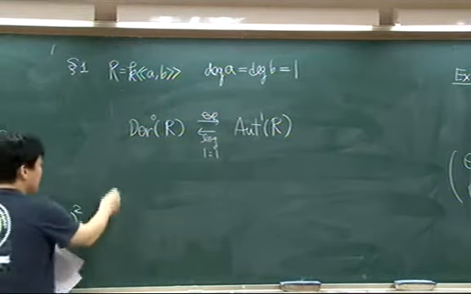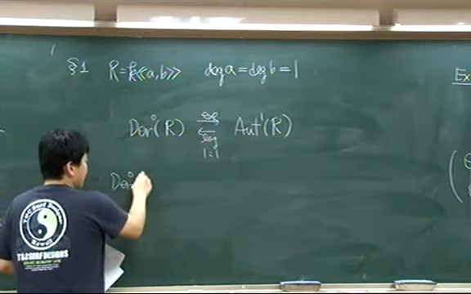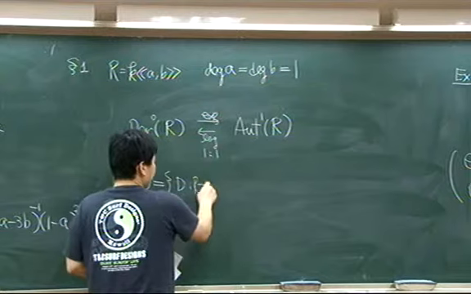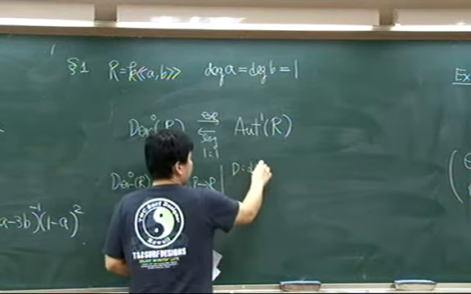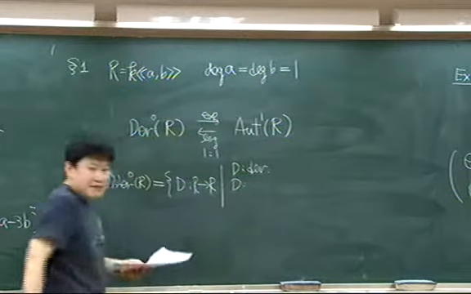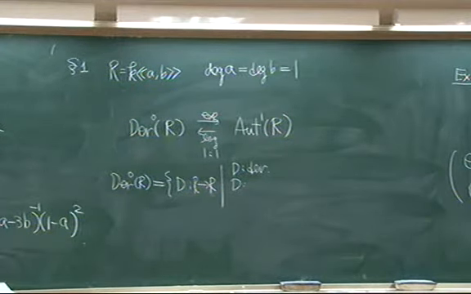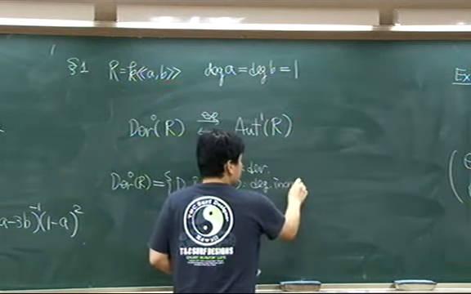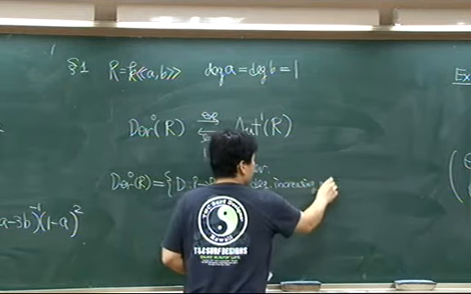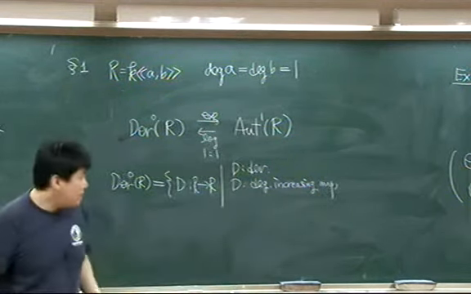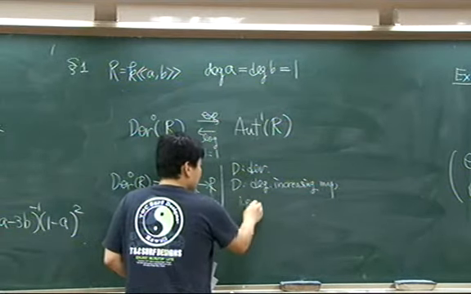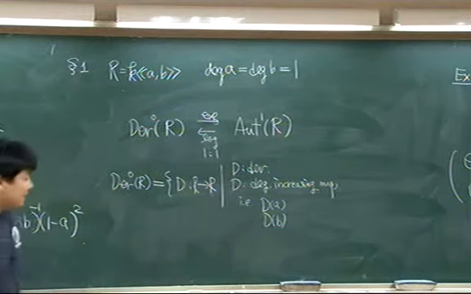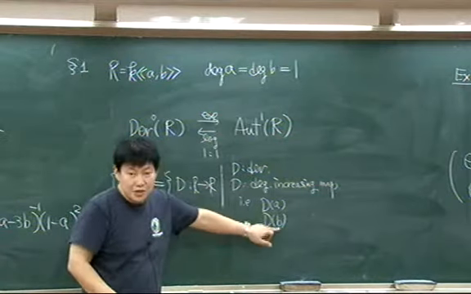Here Der0 is a set of derivations, and also D is a degree increasing map. This means the image of D, the image of the generating set A and B. So A and B are degree 1 elements.